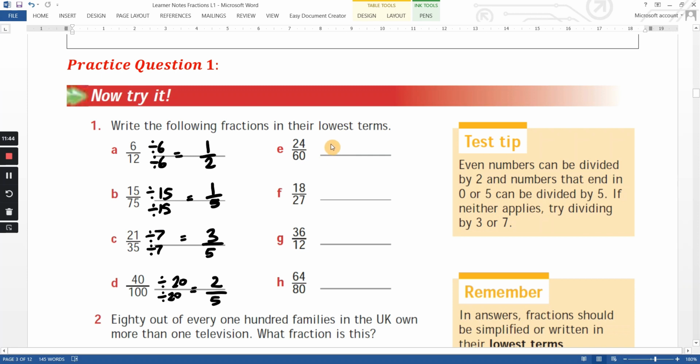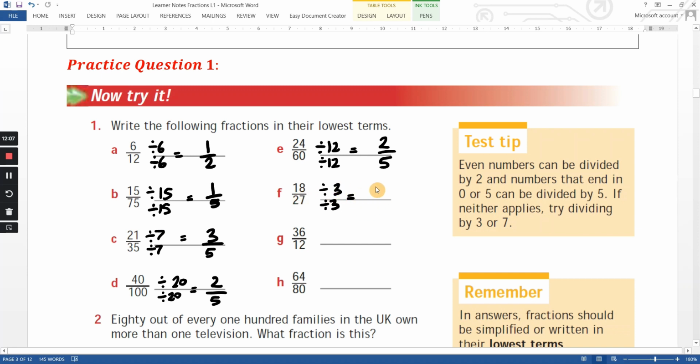Part E, I'm going to use, let's do 12. I know that 12 goes into both of these. Should get 2/5. Part F, let's use 3. Maybe I could have done a bigger number than that, but let's just go with this.